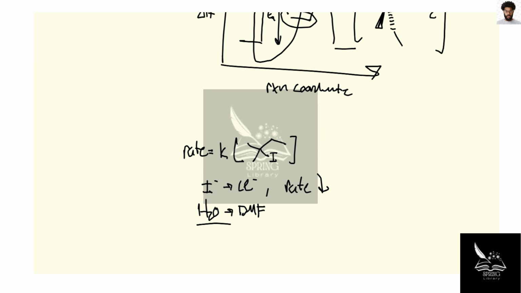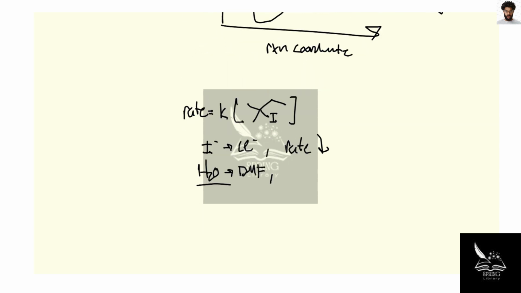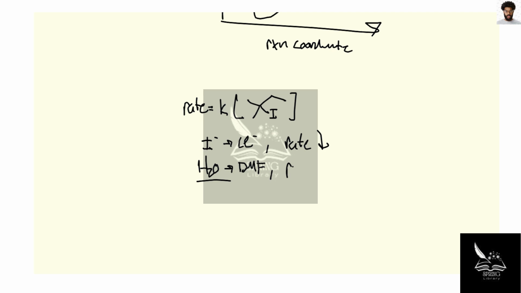So if we move from polar protic to simply polar, then the stability of our carbocation intermediate will decrease, meaning the transition state energy would also increase, meaning our activation energy would increase, meaning the reaction would go more slowly. So once again, the rate would decrease.